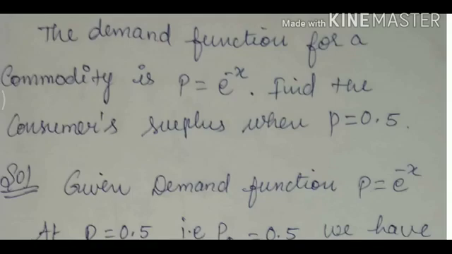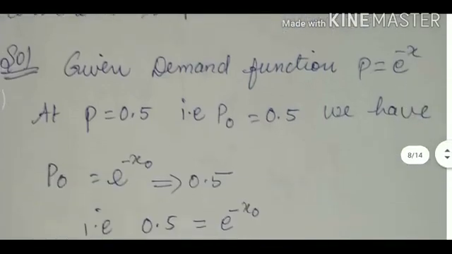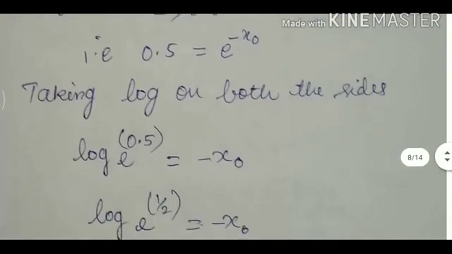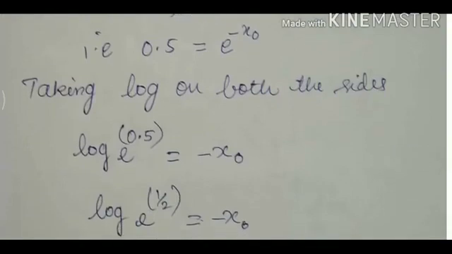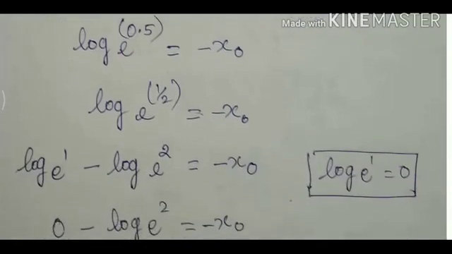We have P naught equal to e power minus x naught. So 0.5 equal to e power minus x naught. Taking log on both the sides, log of 0.5 equal to minus x naught. 0.5 is nothing but 1 by 2. Therefore log of 1 by 2 equal to minus x naught.